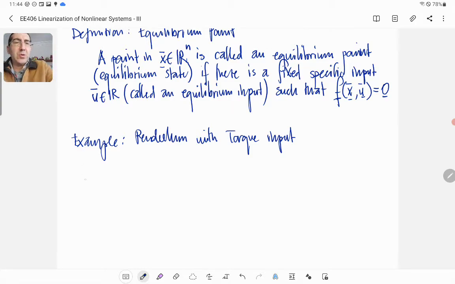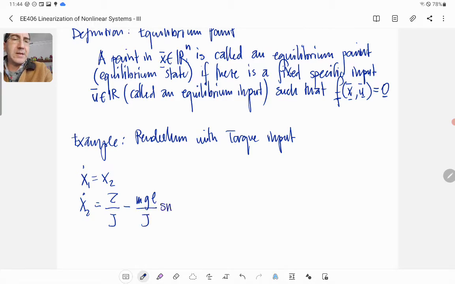Our system is x1 dot equal to x2, and as we have initially derived it, x2 dot is equal to the torque input tau over j, and our remaining terms mgl over j sine x1 minus b over j x2.